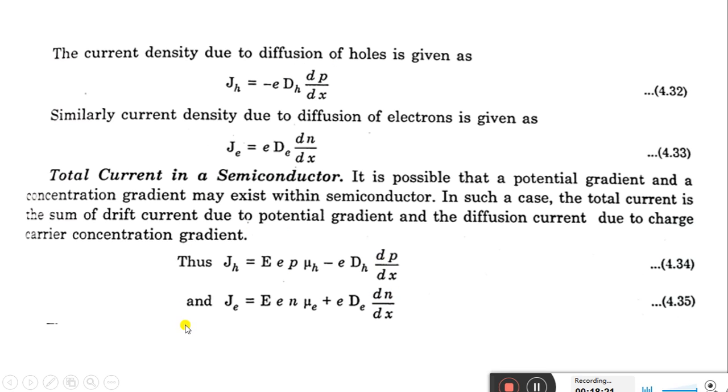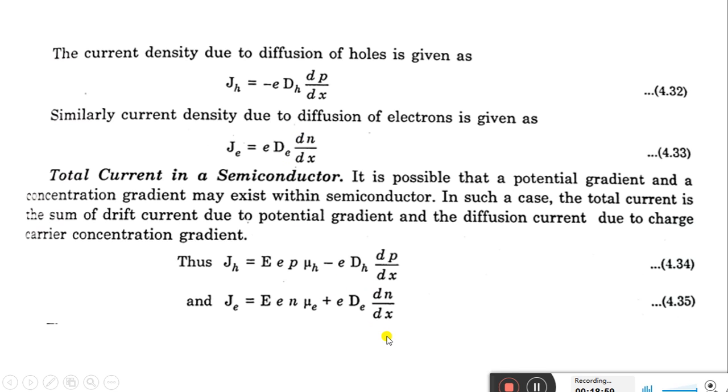Similarly, we can write the total current density for electrons, which we have denoted by Je. In place of H we will write E, and in place of p we will write n, and here for electrons we will write this term. So Je will be equal to E n mu E plus this term. Both terms have been included here: for the holes this term, and for the electrons this term.